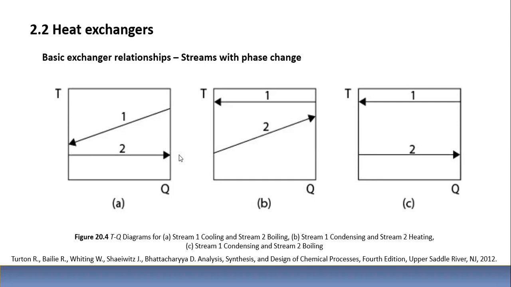It has the same temperature, but energy is increasing. So what is happening here? This stream number 1 is cooling down, and this stream is probably boiling at the same temperature. So it says in here, stream 1 cooling, and stream 2 is boiling. It is boiling at the same temperature.